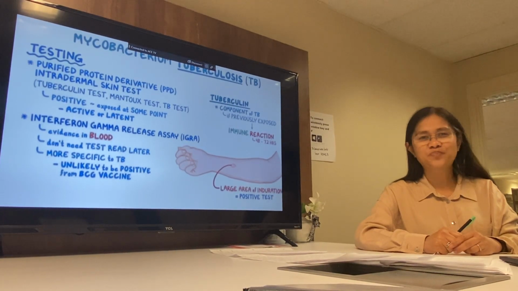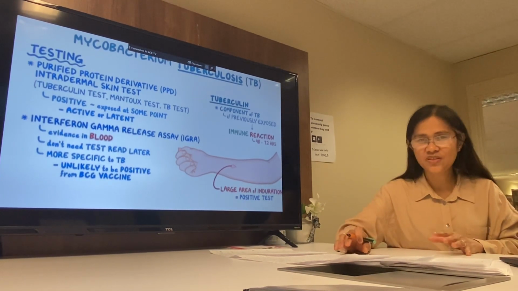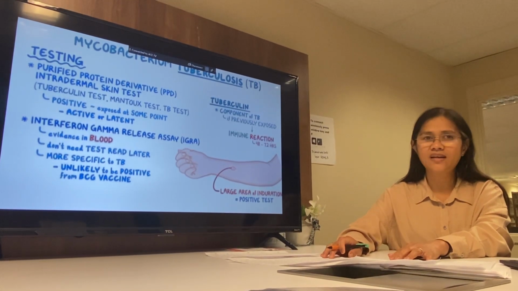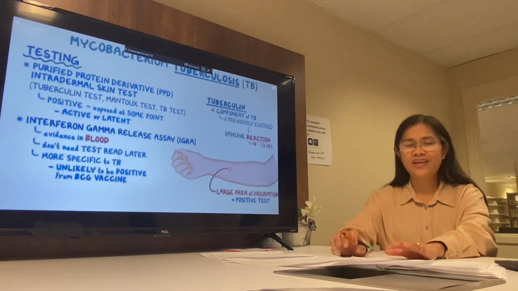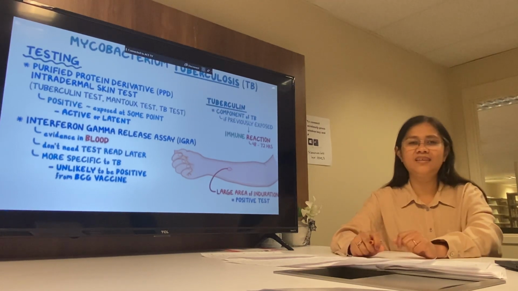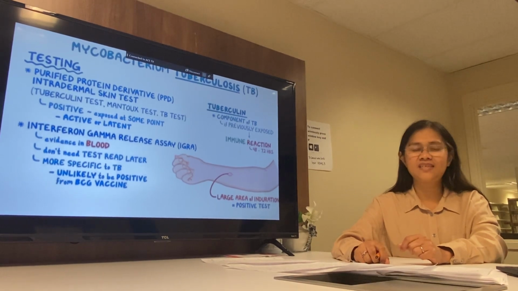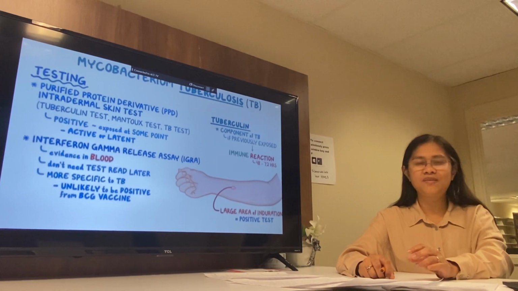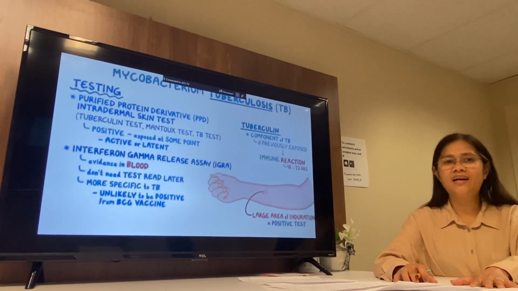And this is what I have, because this is what my case was. BCG is a vaccine to help contain the disease. This is the immunity vaccine that is taken by some people around the world.